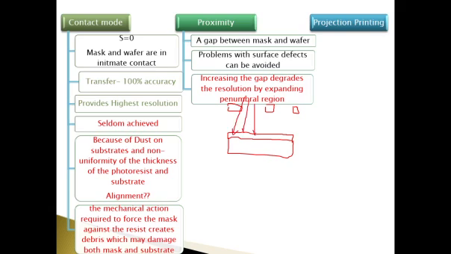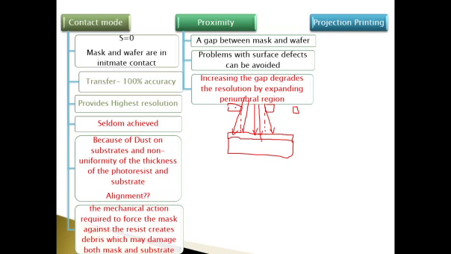So there is an entry of light rays into the shadow region. This is supposed to be the shadow region, but some light enters it. So that will expand the penumbral region. The penumbral region is the region where a lighter shade appears, lighter than the high intensity region.